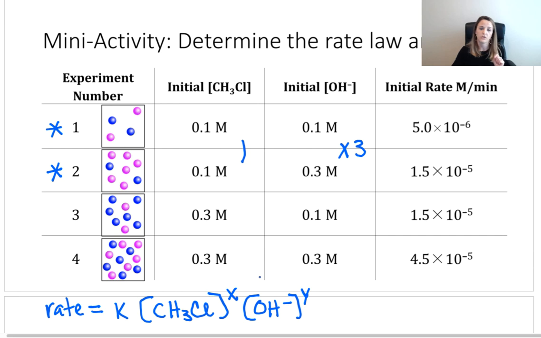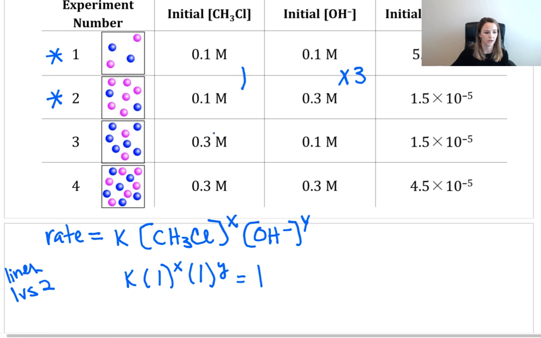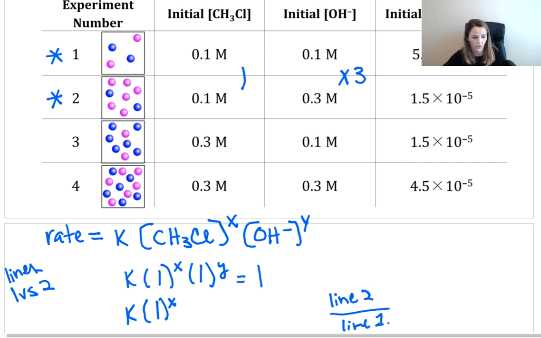We're going to look at the 2 lines and see the differences between the 2. So we're going to take line 2 and divide it by line 1. 0.1 divided by 0.1 is 1. So we're going to have K times 1 raised to x. So the second line is line 2 divided by line 1.